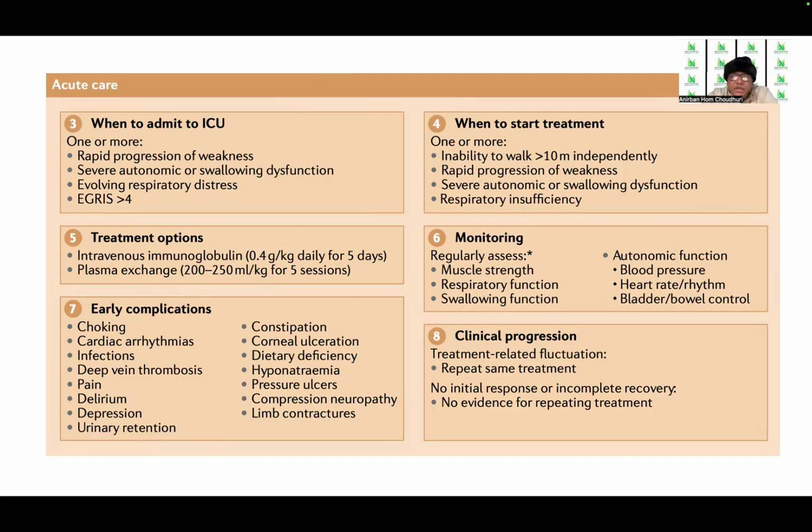As for clinical progression, if there is treatment-related fluctuation, we can repeat the same treatment, although the evidence is not so strong. If there is no initial response and incomplete recovery, then there is no evidence for repeating the treatment. So we have to be very careful in these aspects of acute care.